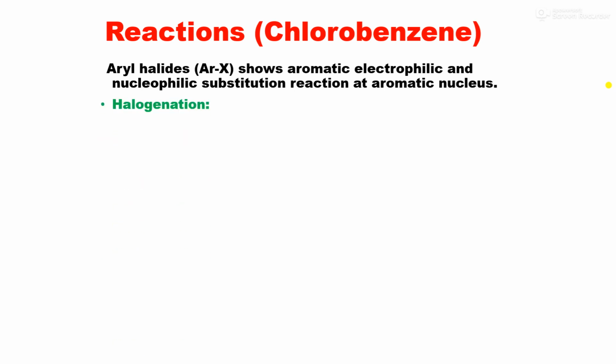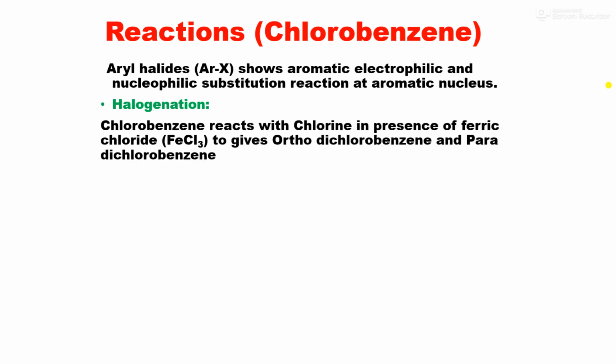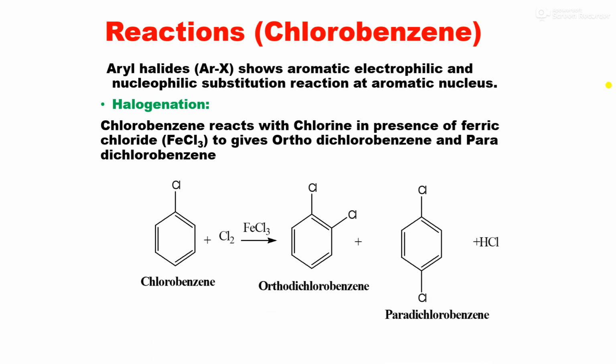Aryl halides show aromatic electrophilic and nucleophilic substitution reaction at aromatic nucleus. The first reaction of chlorobenzene is halogenation. Chlorobenzene, when reacted with chlorine in presence of ferric chloride FeCl3, gives orthodichlorobenzene and paradichlorobenzene.